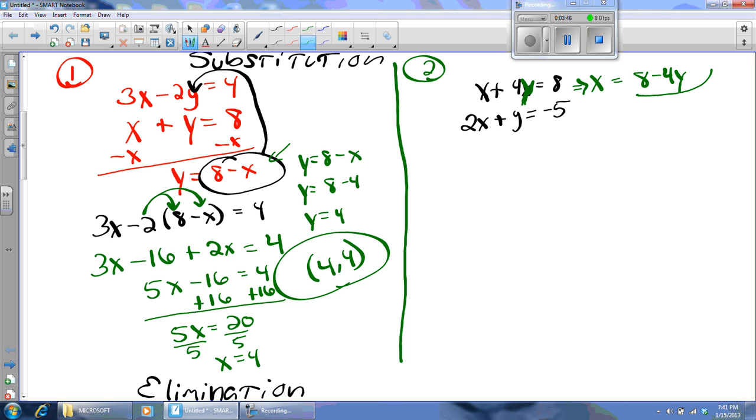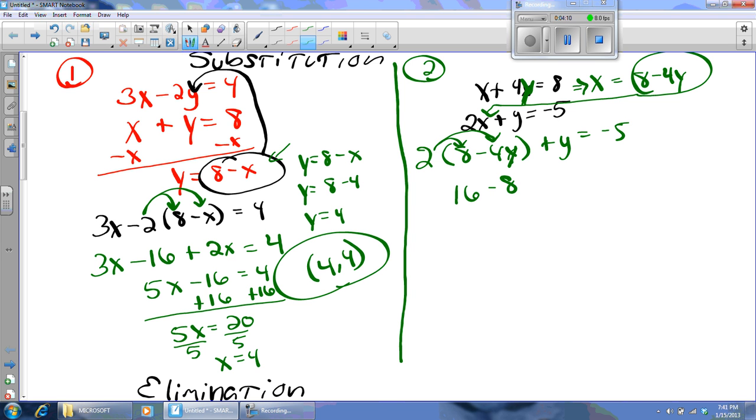Now I'm going to take this and I'm going to substitute it in here for x. I'm going to get 2 times the quantity of 8 minus 4y, sorry, plus y equals negative 5. I'm going to distribute, and I will get 16 minus 8y plus y equals negative 5.